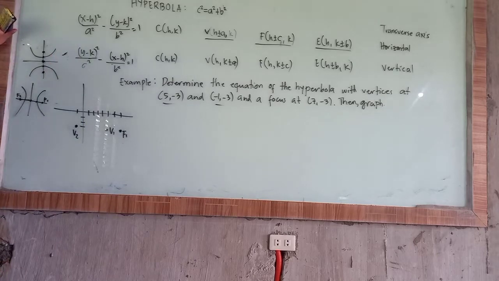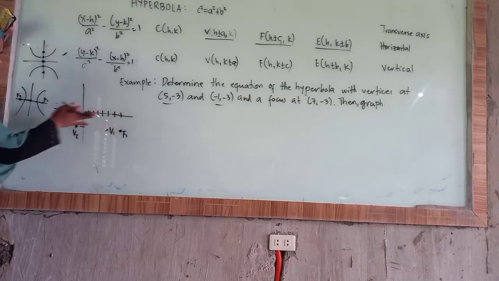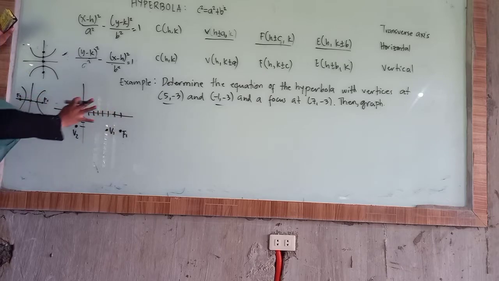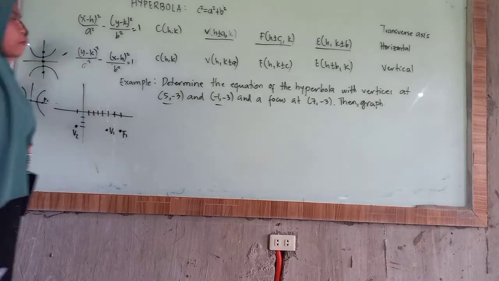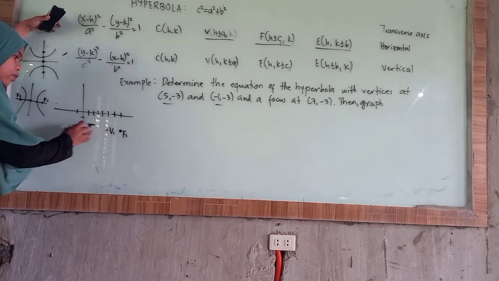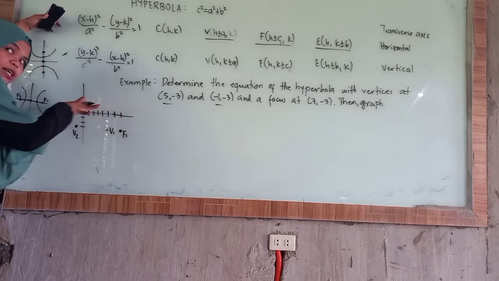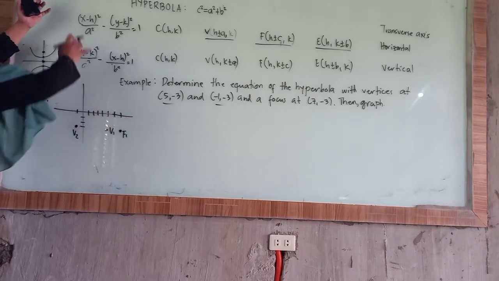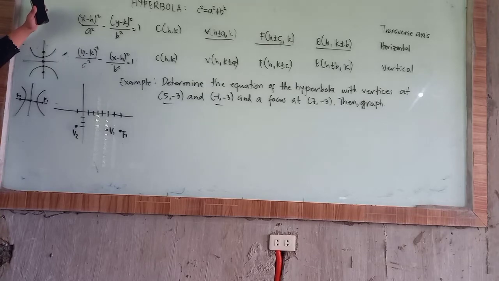Now, how can I determine the formula na gagamitin ko? Since magkaka-align sila, papunta sila dito, horizontal yan, di ba? Horizontal yan, ibig sabihin, I am going to use the first formula or the first equation. Kasi V1, V2, at saka F1, iisang linya lang sila, pang-horizontal sila, so you are going to use the first equation. Okay?